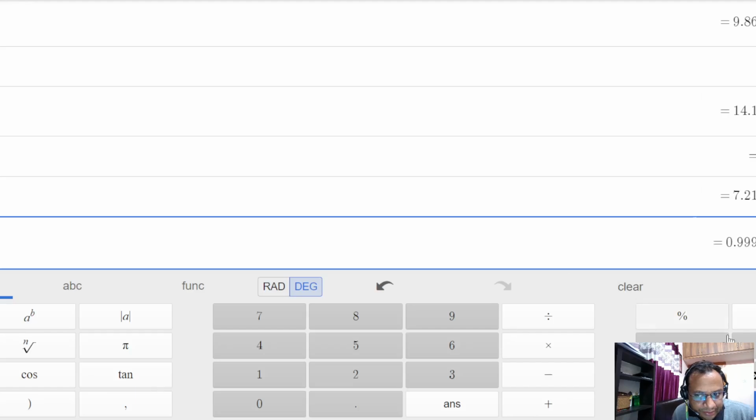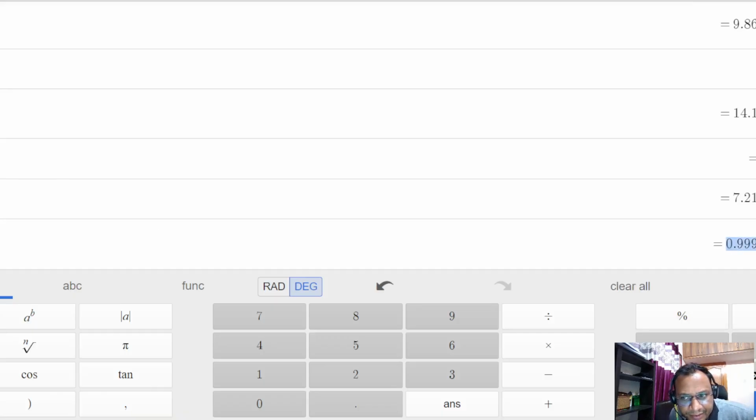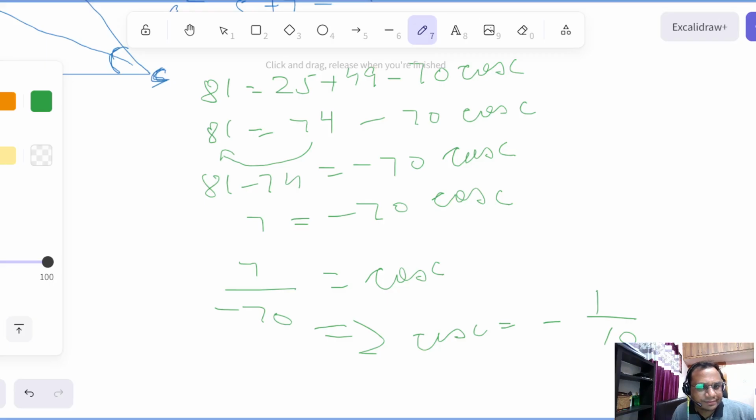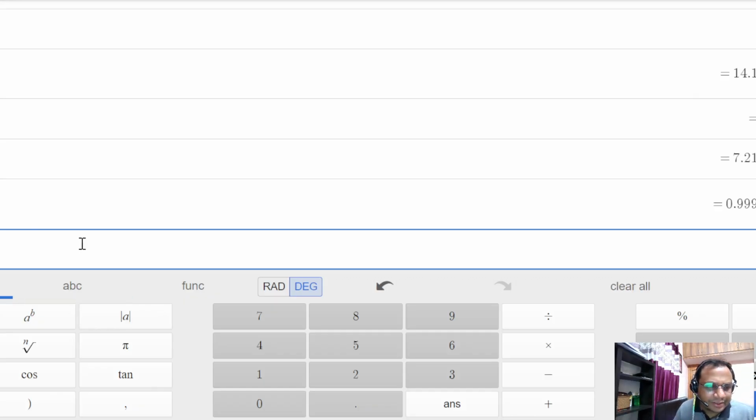It's coming out to be 0.99, which is very close to 1. So for the angle, basically you need to find cos inverse. So cos inverse of minus 1 over 10. One second, not cos. So cos inverse, where do we have it here?